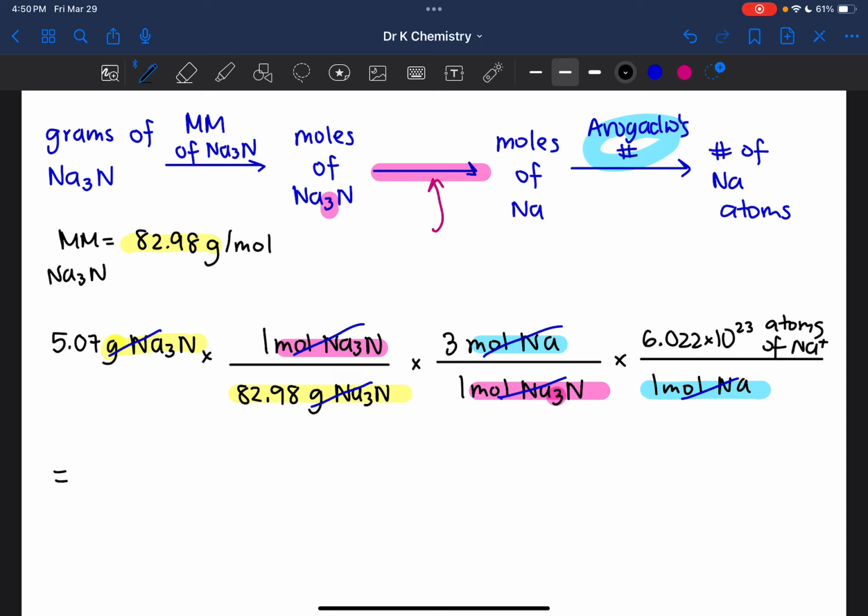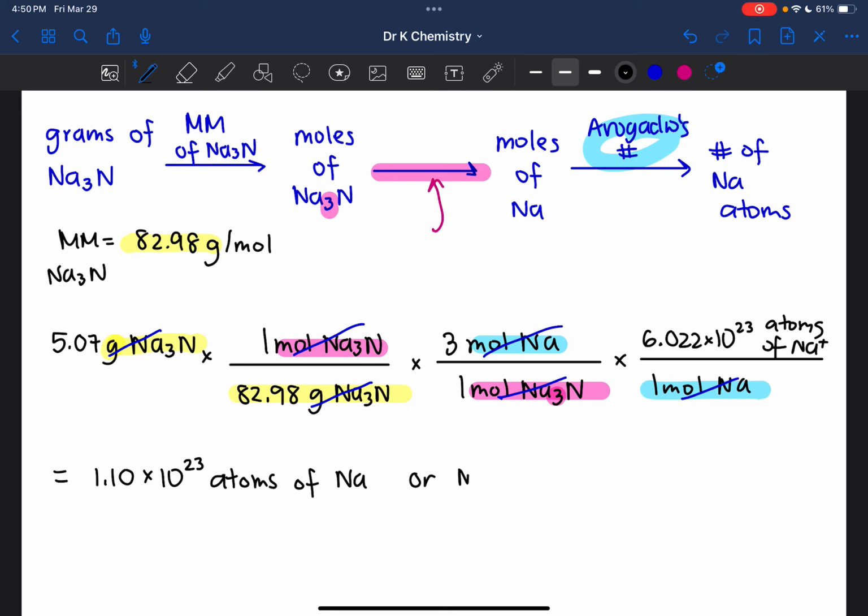Okay, and now we're plugging everything in. So we're multiplying everything in the numerator and then dividing by the denominator. And that is getting me 1.3 atoms of sodium.